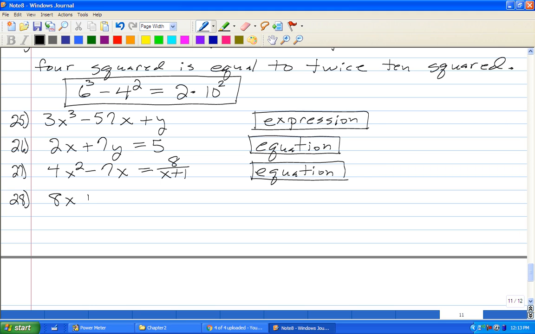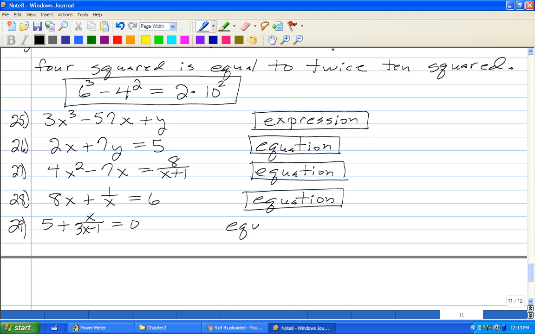28: 8x plus 1 over x equals 6. This is an equation. I have an equal sign. 29: 5 plus x over 3x minus 1 equals 0. Again, this is an equation.